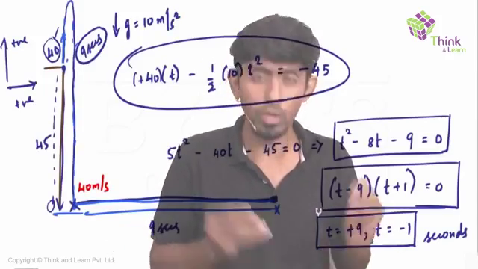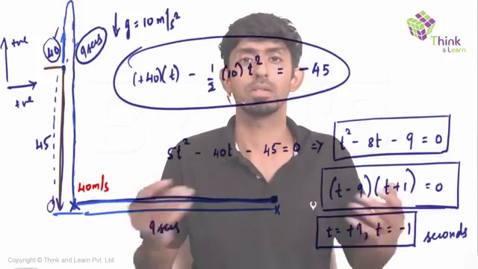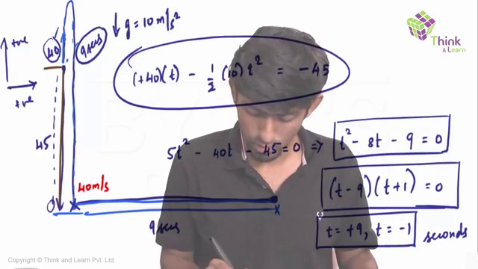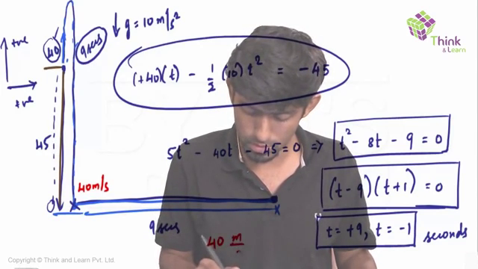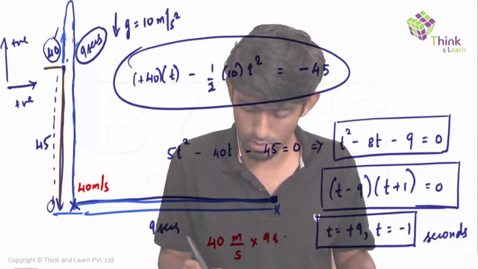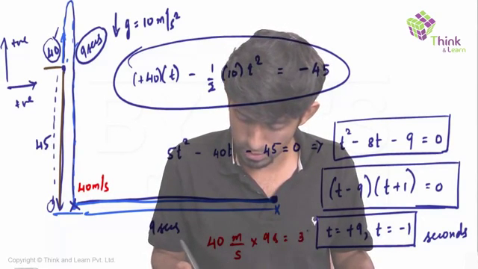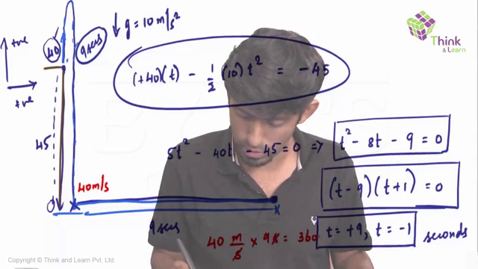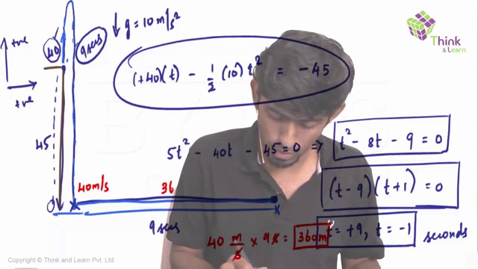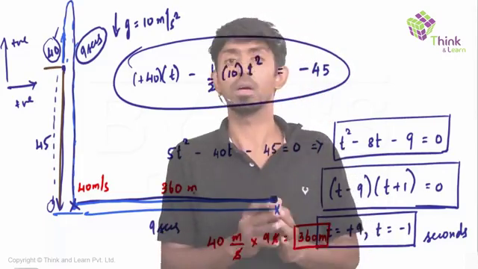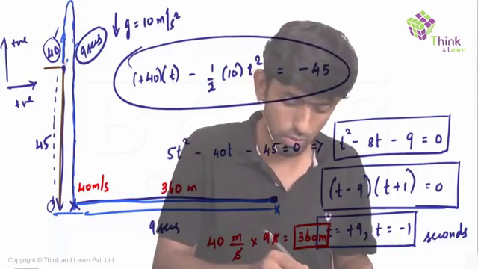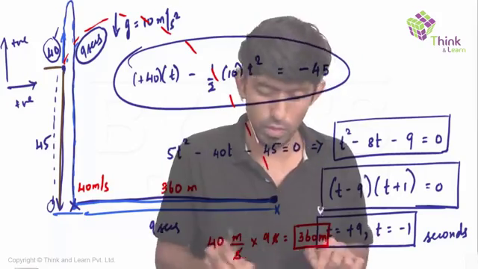So you come here, 40 meters per second for 9 seconds equals, 40 into 9 is 360. Seconds will cancel, you get meters. 360 meters is what it will travel along the horizontal, and that's going to be the answer to the question of how far the ball would have gone.